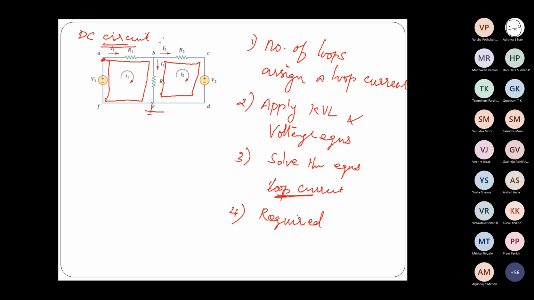Then there is the outer one, A, B, C, D, E, F, A. It looks like a loop, but it is not a loop because we have a crossing branch R5 in this path. So the outer loop is not a loop. We have two loops here.